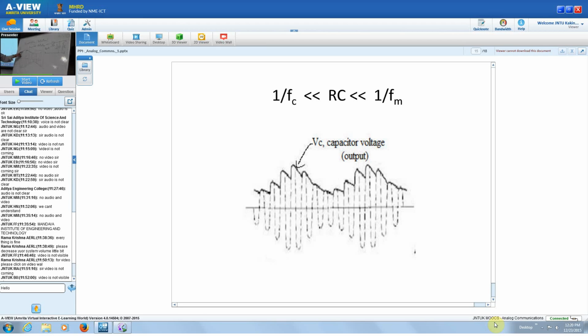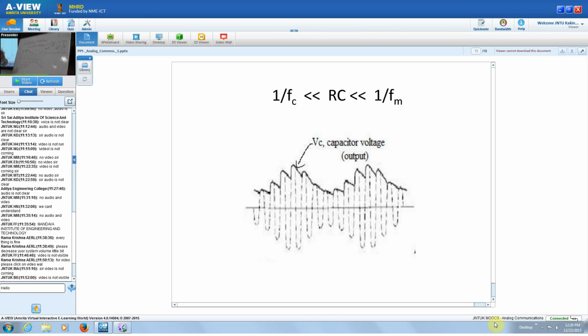So when this input rises, the capacitor charges. But once the input signal starts reducing, the capacitor starts discharging. Instead of keeping constant, as when there is no resistance, we want the output to follow the variations. If it is not discharging, we are not getting these variations. That's why we want to have a discharge also, and that's why I am providing resistance R. Now when the input is less than the capacitor voltage, the capacitor starts discharging through your resistance.